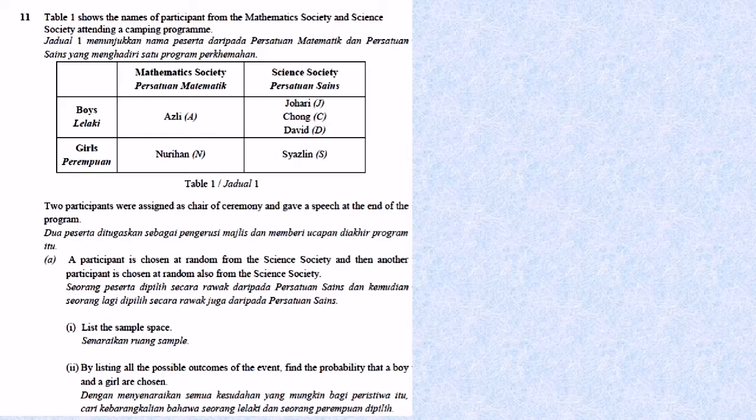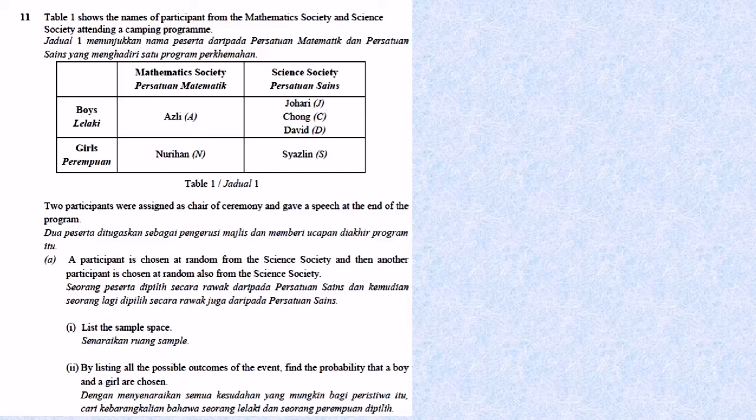Question 11. Table 1 shows the names of participants from the Mathematics Society and Science Society attending a camping program. 2 participants were assigned as chair of ceremony and gave a speech at the end of the program.